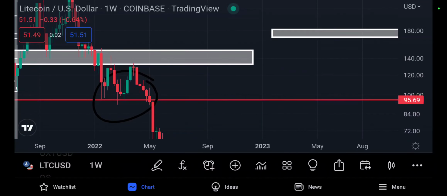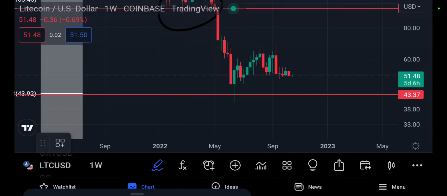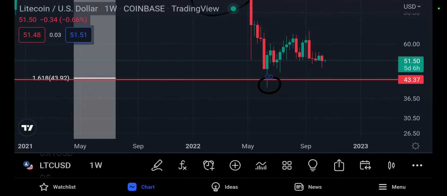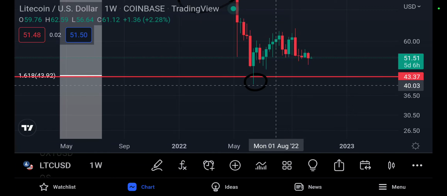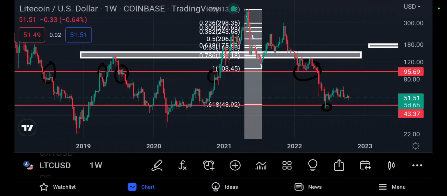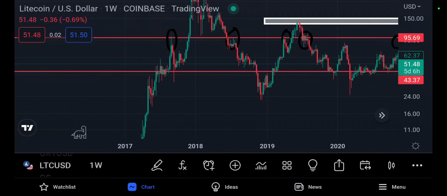And as you see, back in June, we actually hit this level. So it was saying $43 was the bottom, and we came as low as 40. So let's actually delete that, so that's not on the chart, confusing everybody.